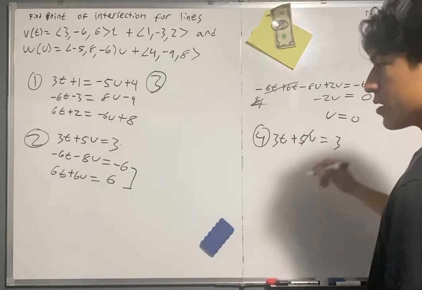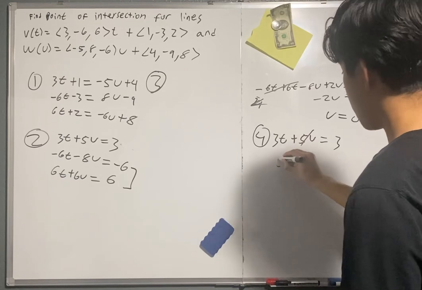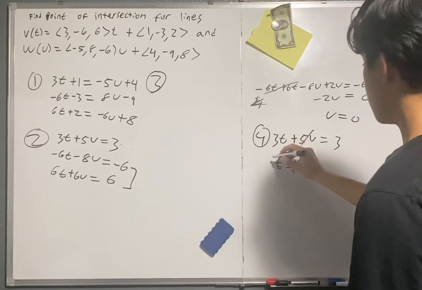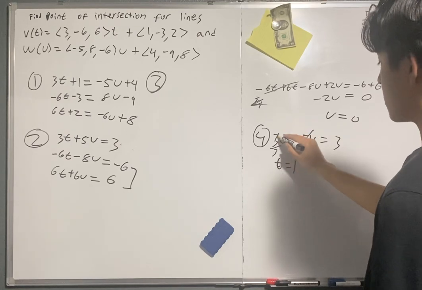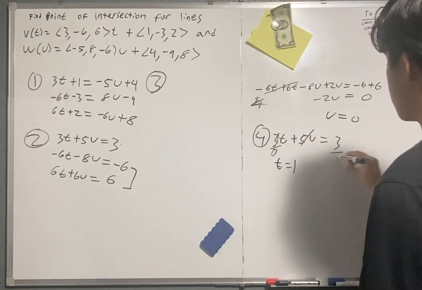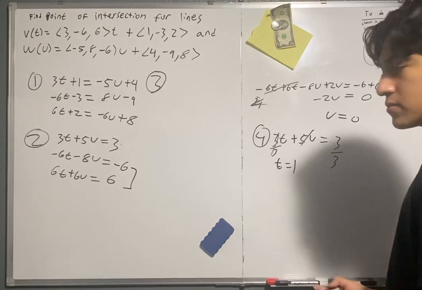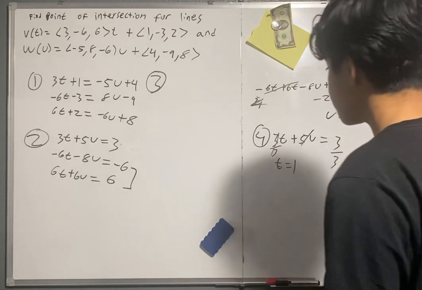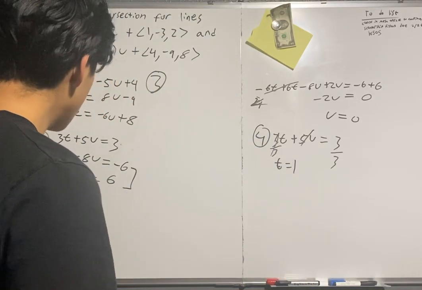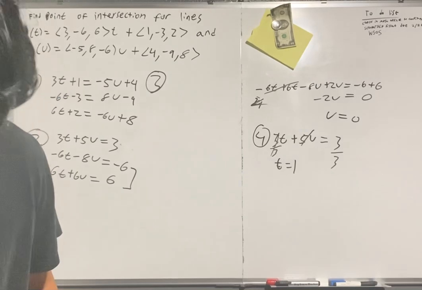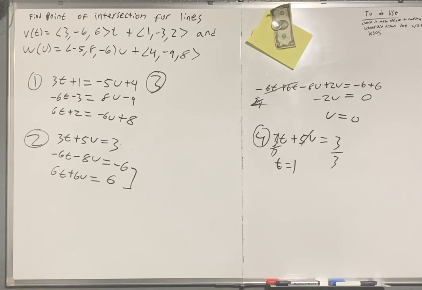Boom, gone. t is now equal to 1 since we divide 3 over here, so that cancels out. And 3 divided by 3 is just 1. So we're left with t equals 1. Now that we know u equals 0, t equals 1, well, I believe we only have 1 step left, or 2 steps left.